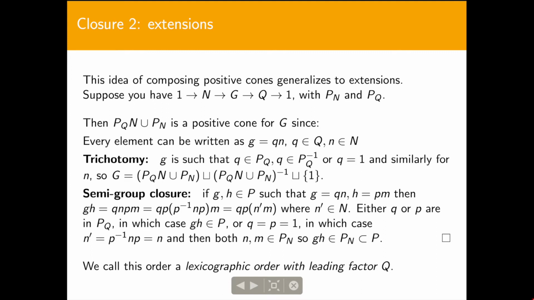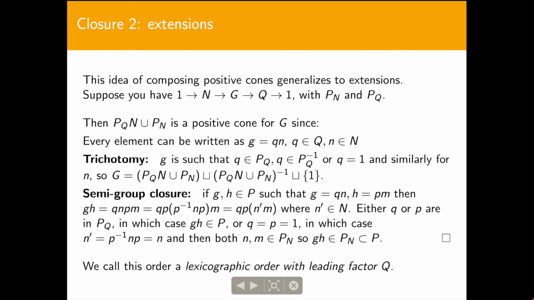So now we can check that our product is in the positive cone. Well, if g and h weren't in N, then either q or p are in P_Q, in which case gh is in P, because if one of them is in P_Q, then the other one is either equal to the identity or is in P_Q.